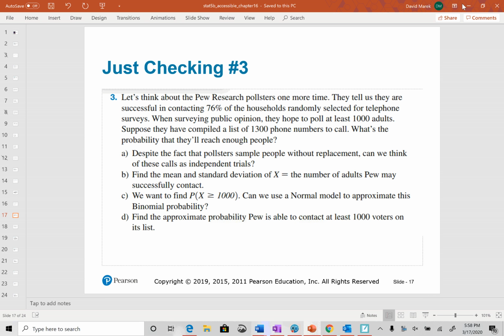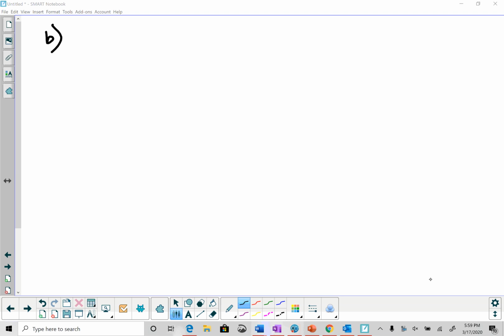Find the mean and standard deviation if X is the number of adults they may successfully contact. Our value for mu is going to be 1,300 times our probability of success, 0.76. So that'll give us 988.